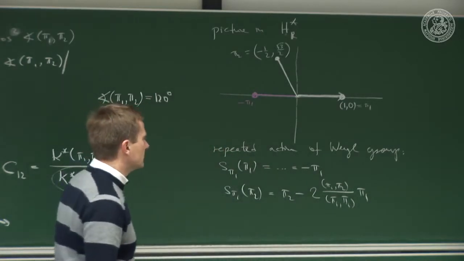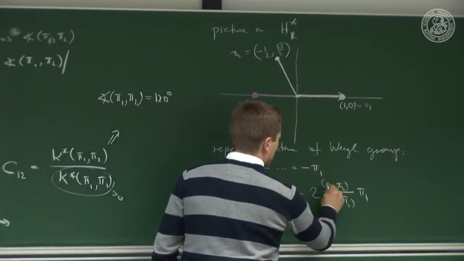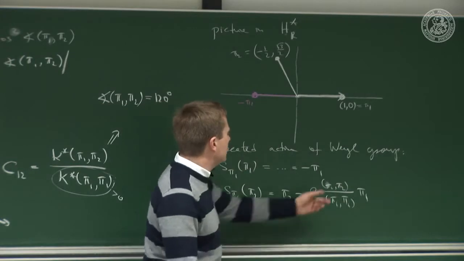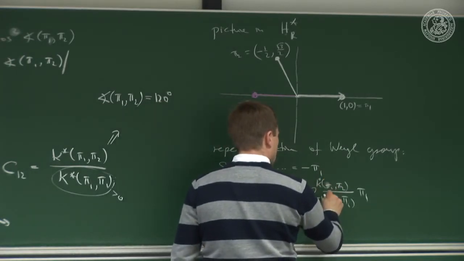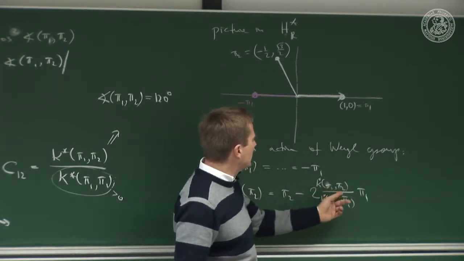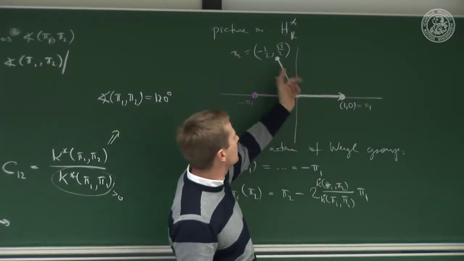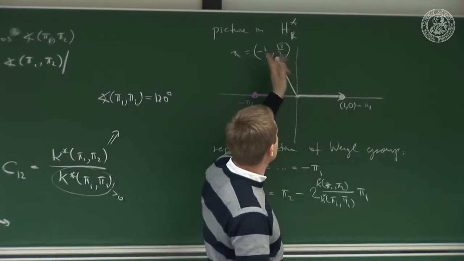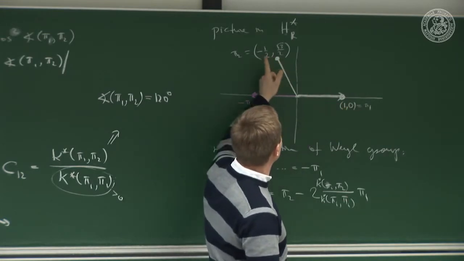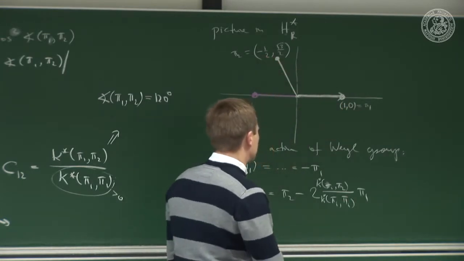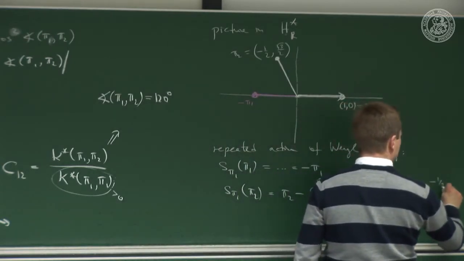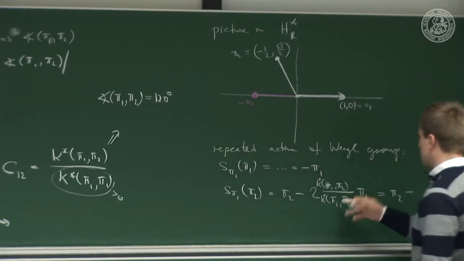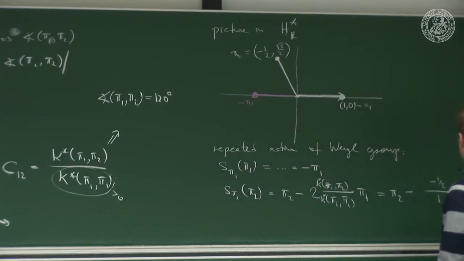Now what does that yield? Well, that's pi1, pi2. We already know what happens between pi1 and pi2. What happens between them? Well, it's 120 degrees. This is represented here, so we can simply take these components. We project this one to that one. It gives you a minus 1/2. So this is pi2 minus 1/2 over, well, this one has length 1, pi1.